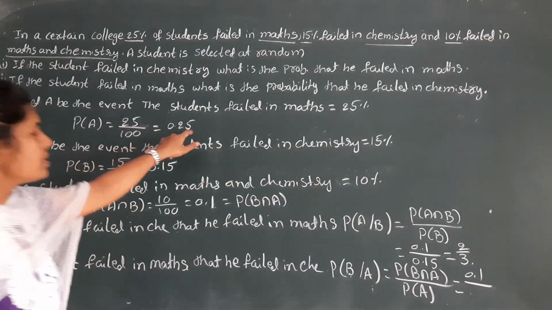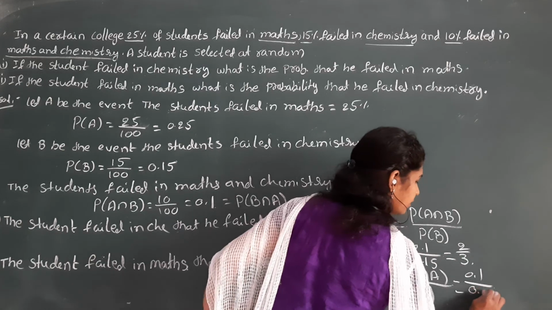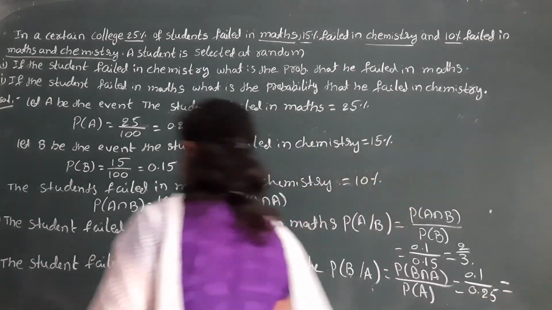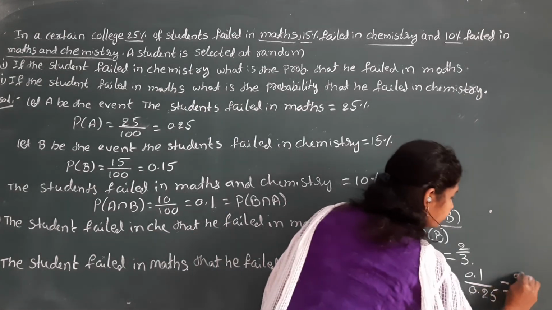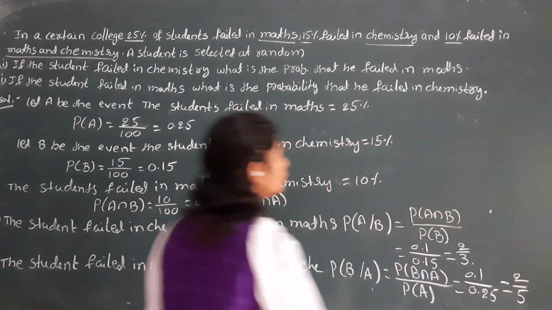P of A is equal to 0.25. Now calculate that value and find the solution. It is equal to 2 by 5. The answer is 2 by 5.